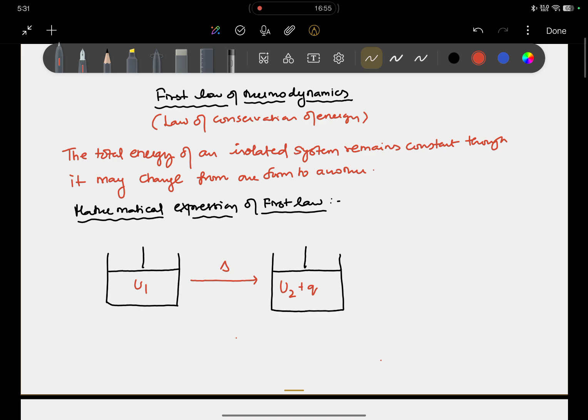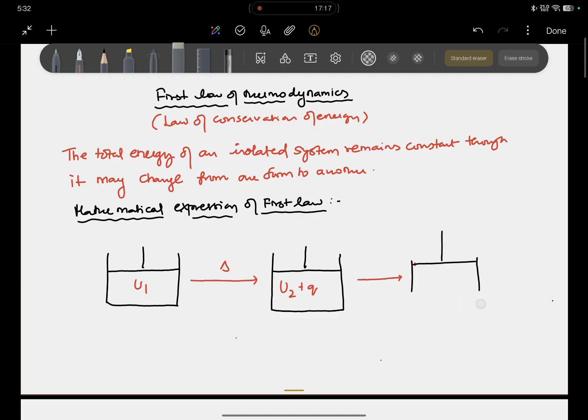Now when U2 and Q combine, what will happen? The piston will expand. The gas will expand.